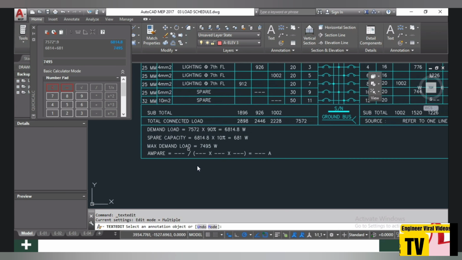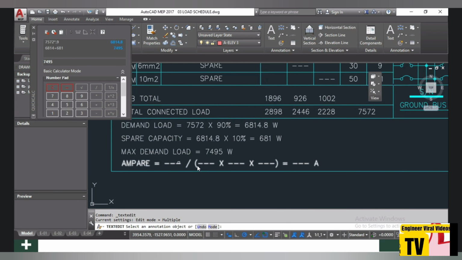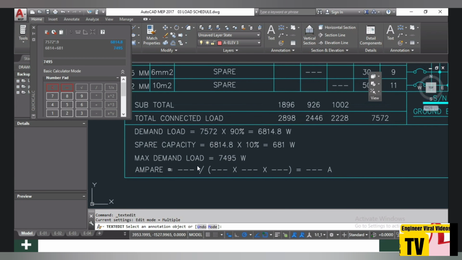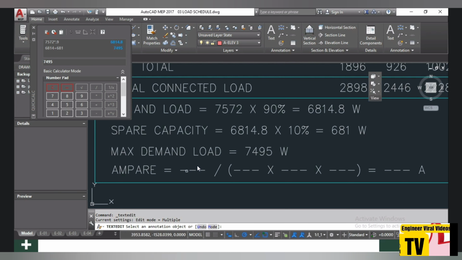After finishing calculating the demand load, finally I will calculate the current in ampere, and as we said, I equals P divided by root 3 multiplied by PF, power factor, multiplied by the voltage.